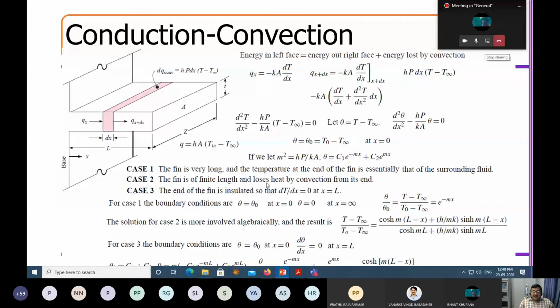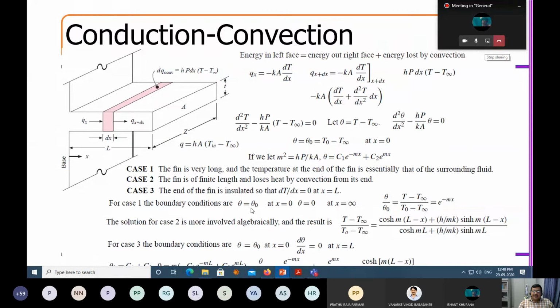Now, if you place these equations, say for case 1, theta equal to theta 0. Why theta 0? Because theta 0 is T0 minus T infinity. If T equals T0, then theta will be T0 minus T infinity. If T equals T infinity, theta will be 0.